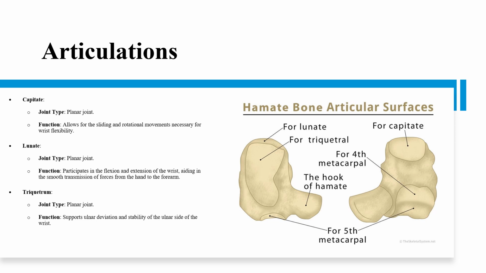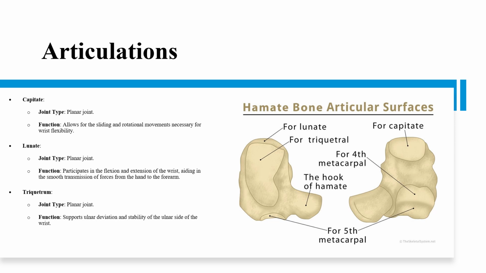When we talk about the articulations of the hamate bone, we find that it makes a joint with the capitate, lunate and triquetrum.